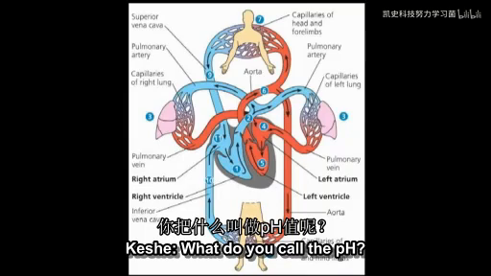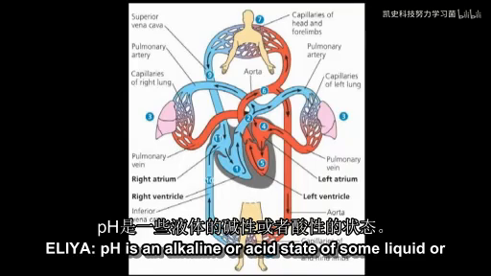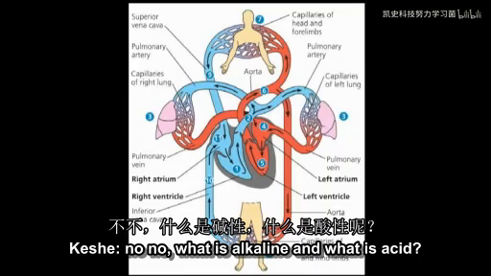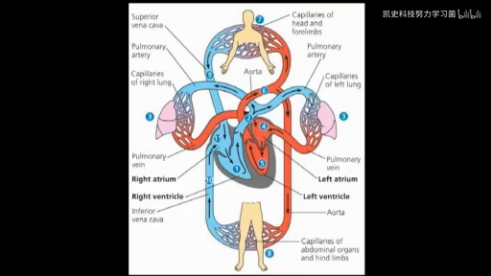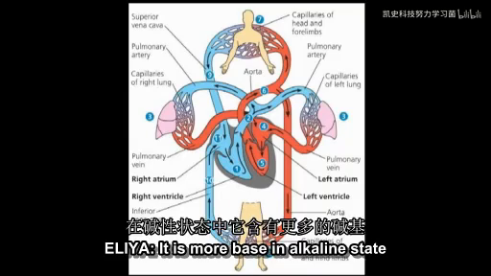What do you call a pH? pH is the alkaline or acid state of some liquid. No. What is alkaline and what is acid? What is alkaline? This is more base in the alkaline state.